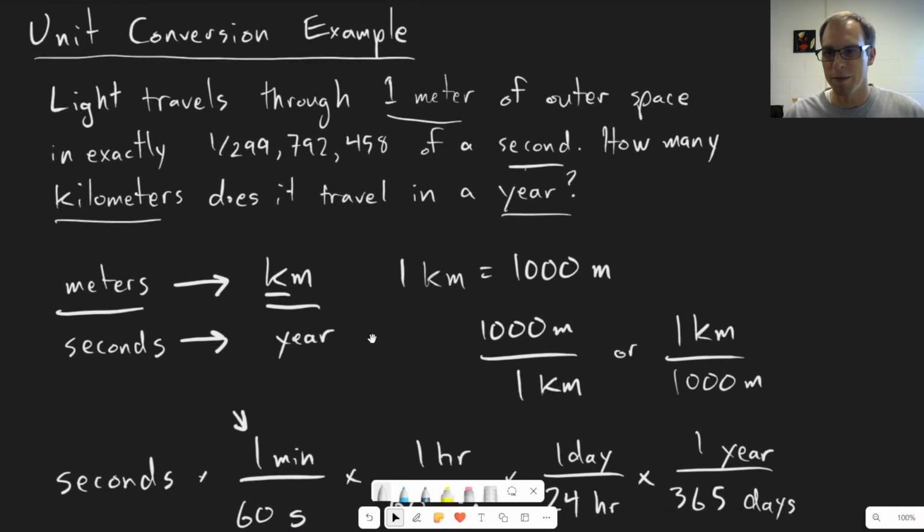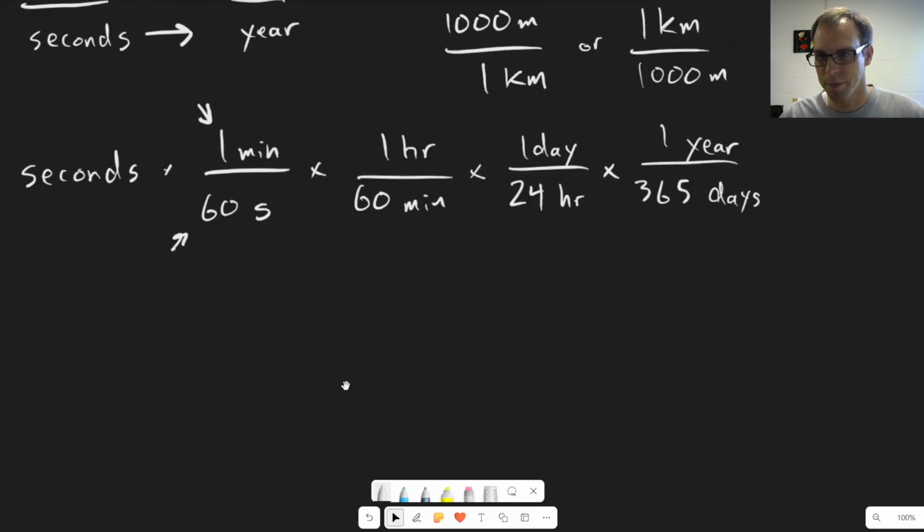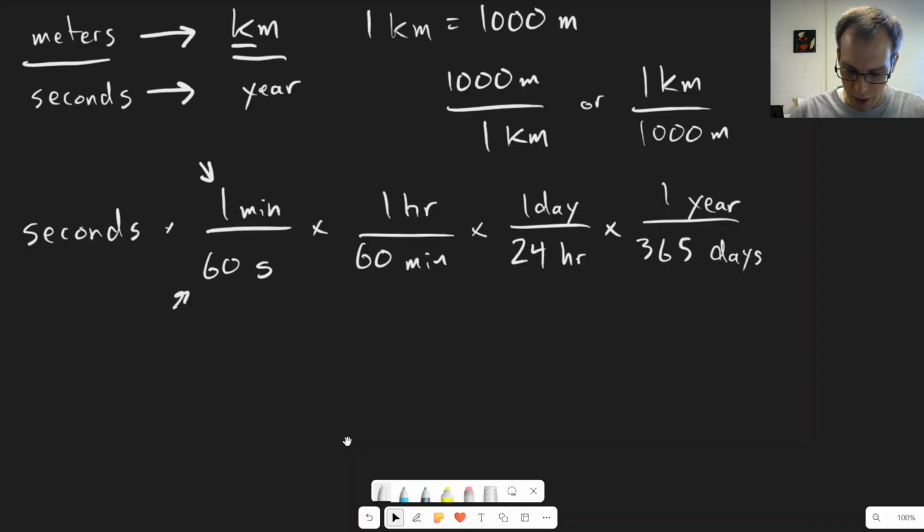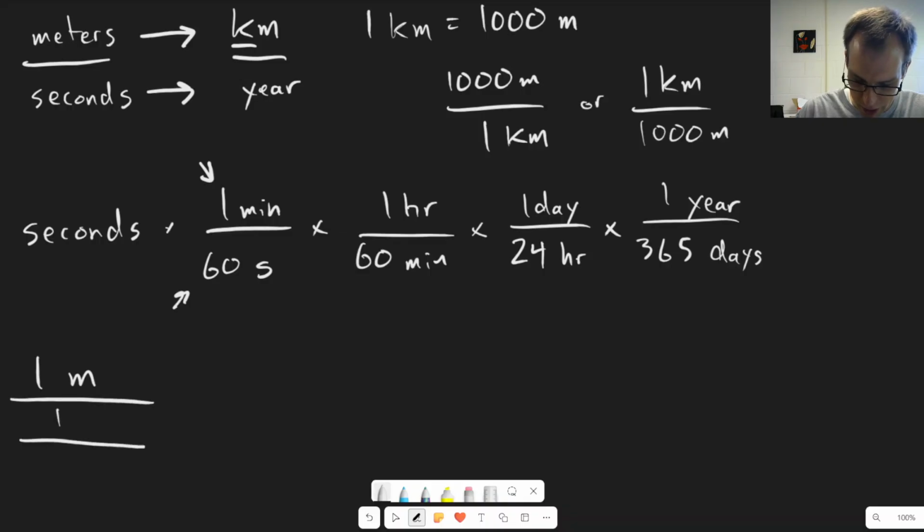We were basically given the speed of light. The speed of light is 299,792,458 meters per second. But we're not asked meters per second, we're asked kilometers per year. So let's now do this with numbers. I'll leave these up here. We're told that we're starting with a distance of 1 meter, and we're dividing by 1 over 299,792,458 seconds.